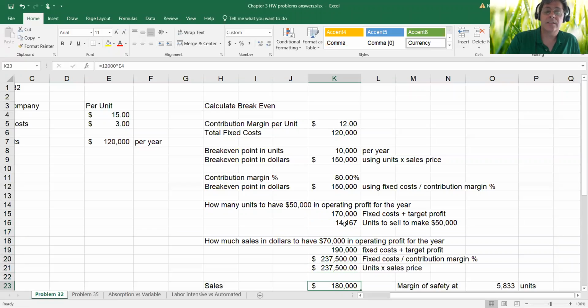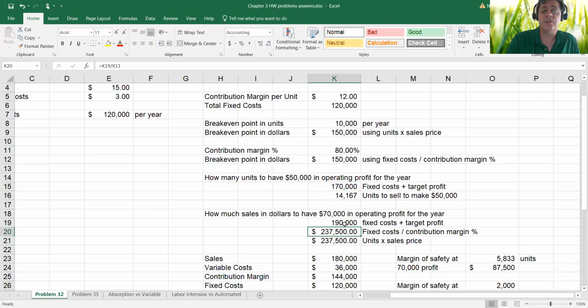Then they asked how much sales in dollars we need to get $70,000 of operating profit for the year. So now we take the fixed cost of 120 and add in 70,000 for 190.